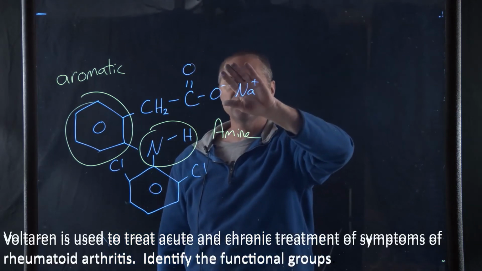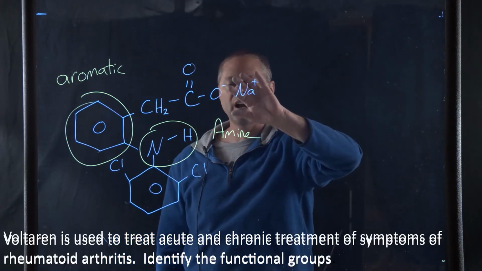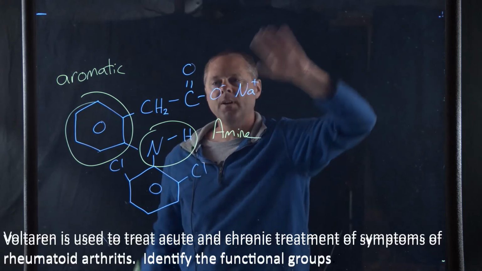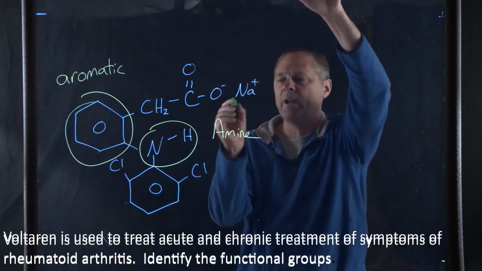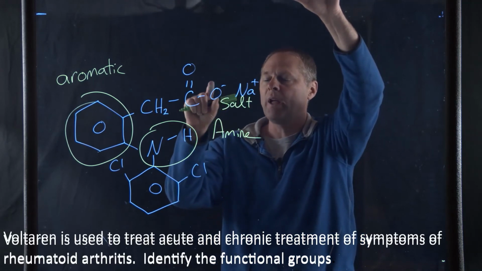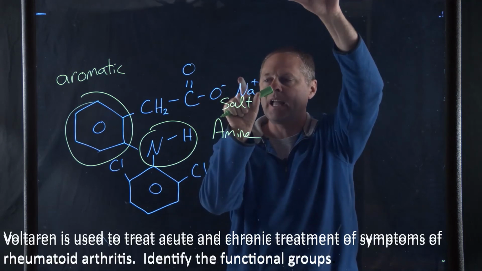Now, if we didn't have the sodium here and we just had a hydrogen here, that would be a carboxylic acid. But what we have here is actually a salt. So this is a salt, meaning we have an anion and we have a cation.